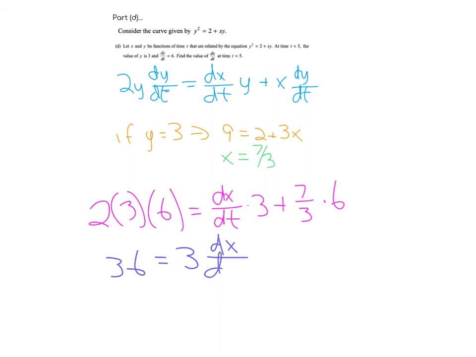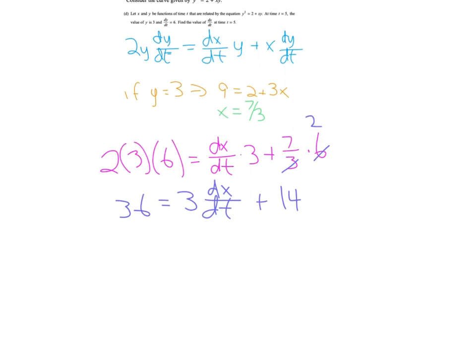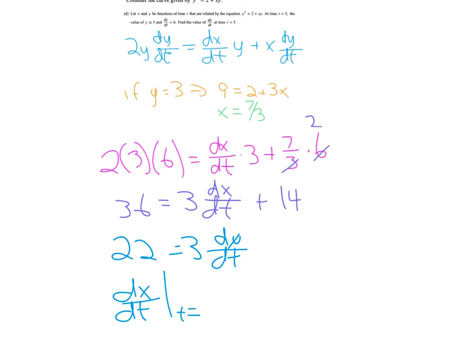I was going to cross out a 3 from everyone, but I didn't want to scare you. Plus 7/3 times 6, so that's like 2, so 14. Subtract 14 from both sides, and I get 22 equals 3 dx/dt. So then dx/dt, when t equals 5, is 22/3.